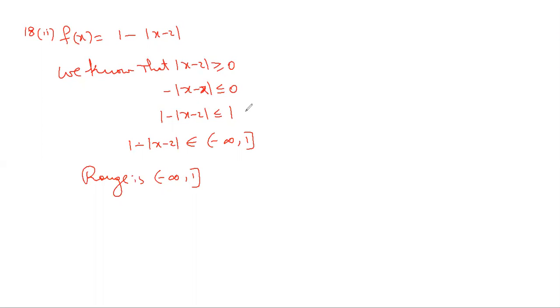And one more is 1 plus 3 cos 2x. But this also we know that minus 1 is less than or equal to cos 2x less than or equal to 1.